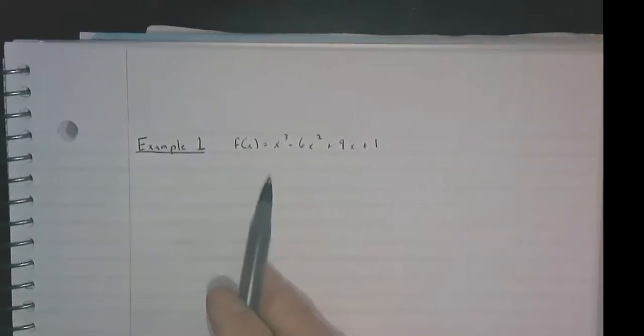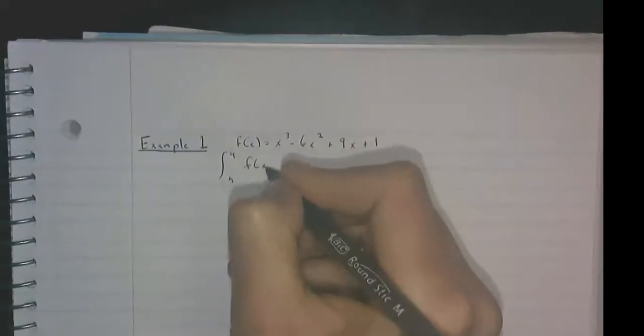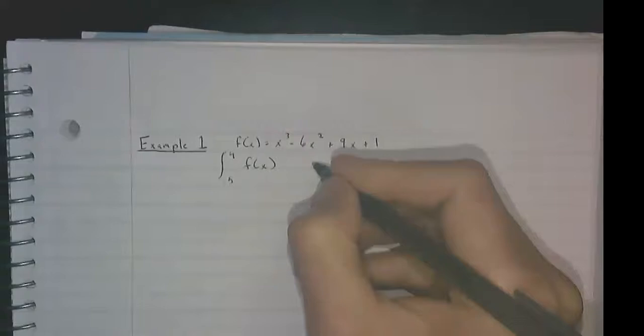And we're not being asked to find the integral, but to find the boundaries of the integral on the interval between 1/2 and 4. So the integral from 0.5 to 4 of f of x. We want boundaries.